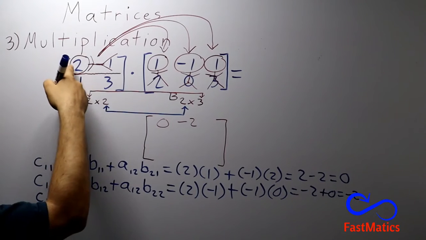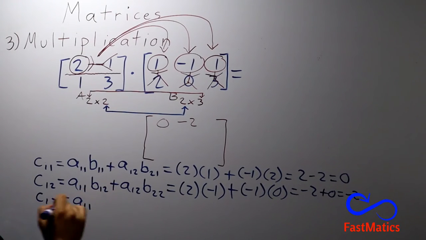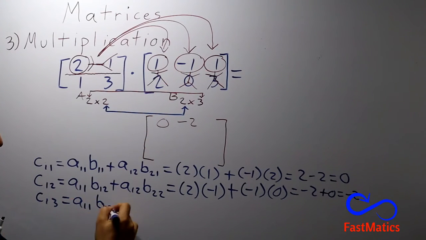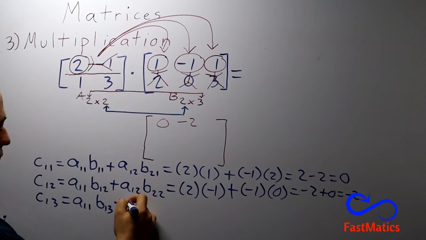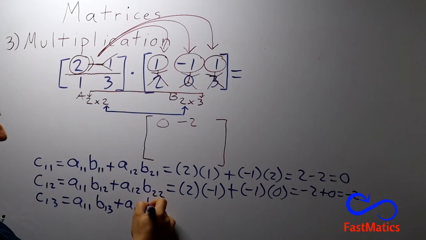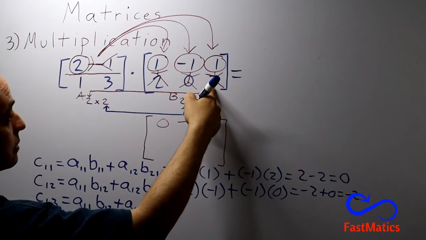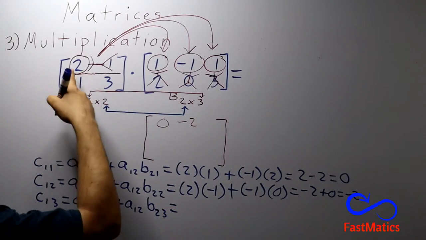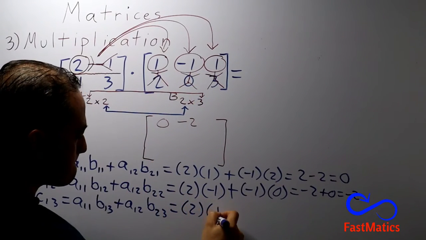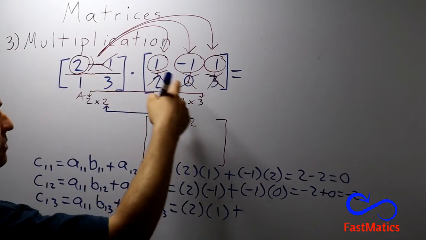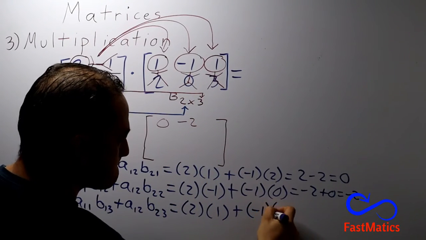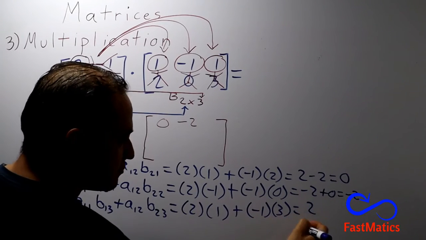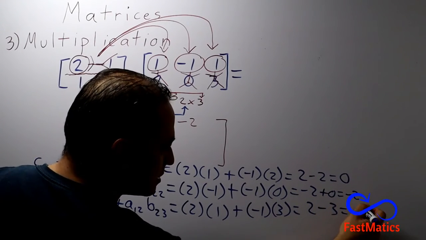So you have first row, first column times first row, third column plus first row, second column times second row, third column. And you have 2 times 1 plus -1 times 3. So 2 times 1 is 2, -1 times 3 is -3. That is -1.